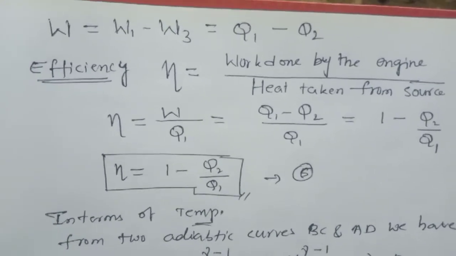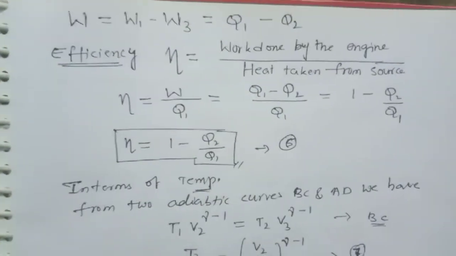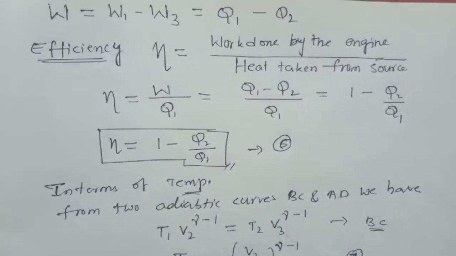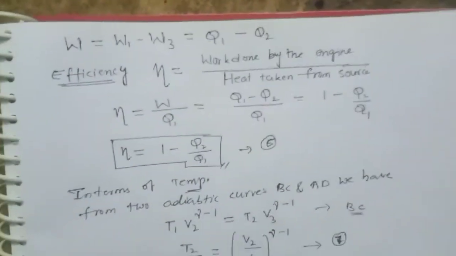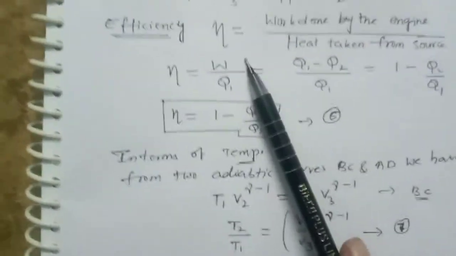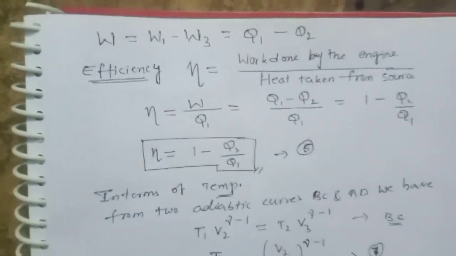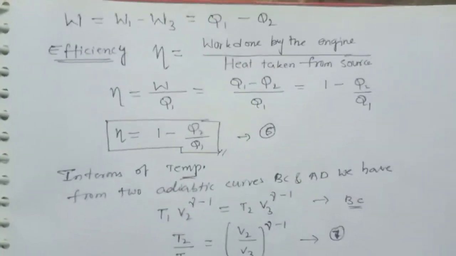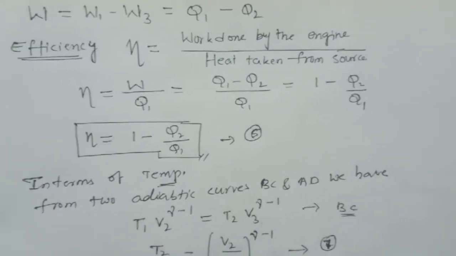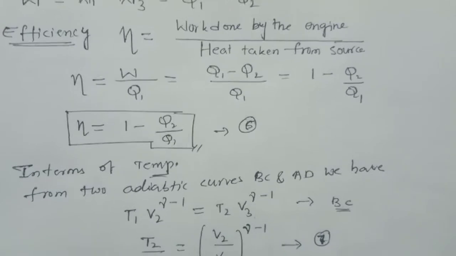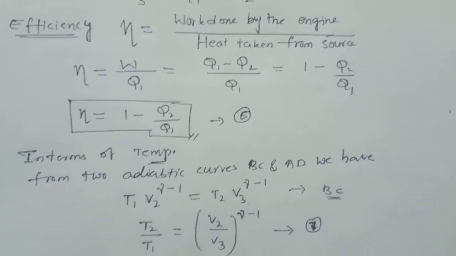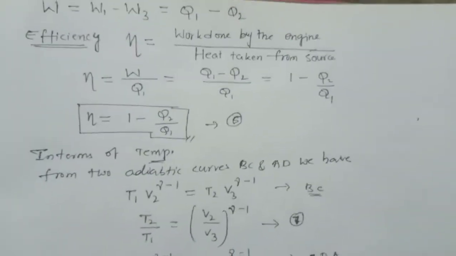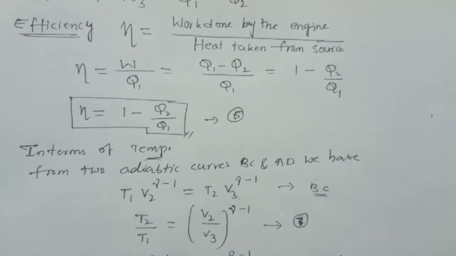Now the efficiency. What is its definition? Efficiency is indicated by the letter eta. Eta is equal to the work done by the engine divided by the heat taken from the source. The work done by the engine is W, and the heat taken from the source is Q1.